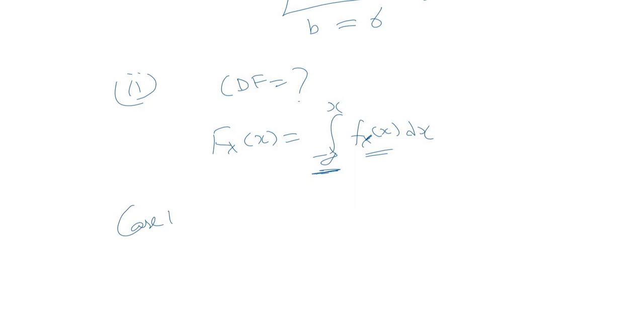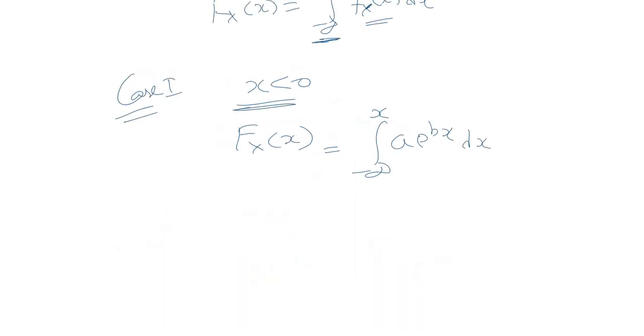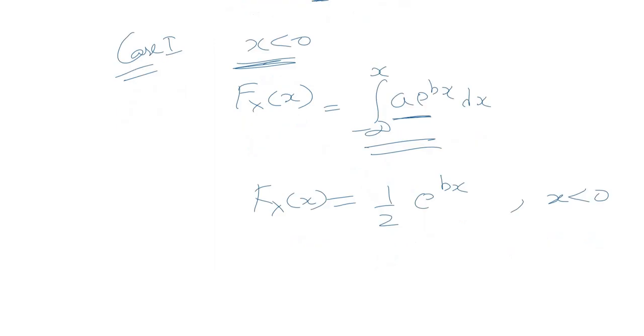So case 1, that is for x less than 0, the CDF is equal to the integral from minus infinity to x of a e raised to power bx dx, right? Because for x less than 0, this is the given PDF. If we simplify the modulus operator and this integral, it comes out to be 1 by 2 e raised to power bx, and this is the CDF for x less than 0.